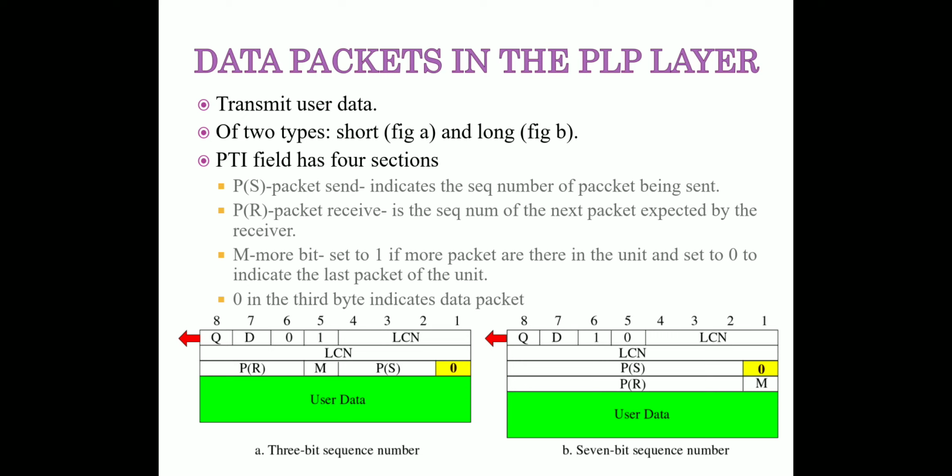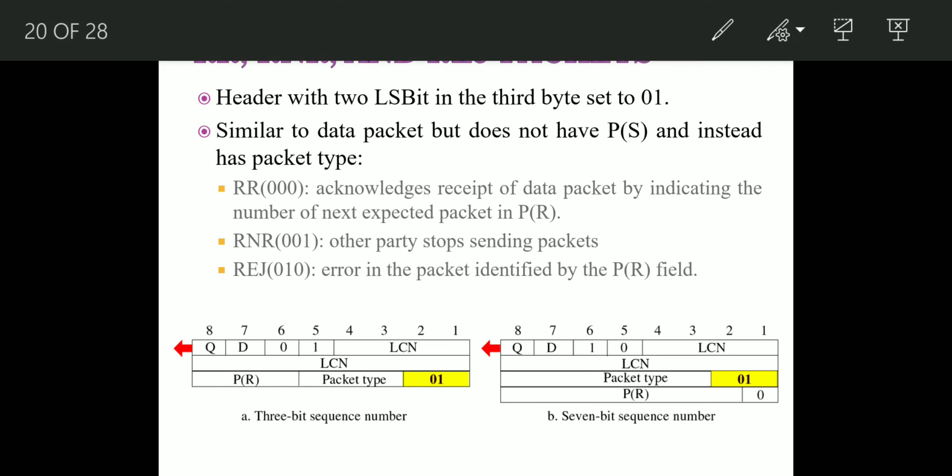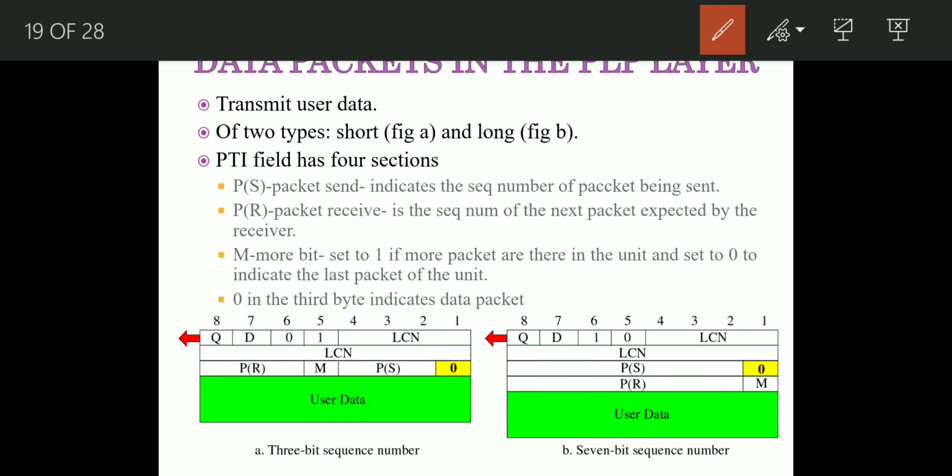The data packet is used for transmitting user data. Here you can see the LSB of the 3rd byte, marked in yellow, is a 0. This 0 indicates that this packet is a data packet. Then you can see the GFI, the general format identifier, with its Q bit, D bit, and then 0, 1.